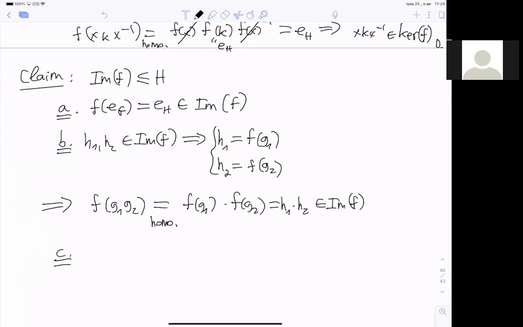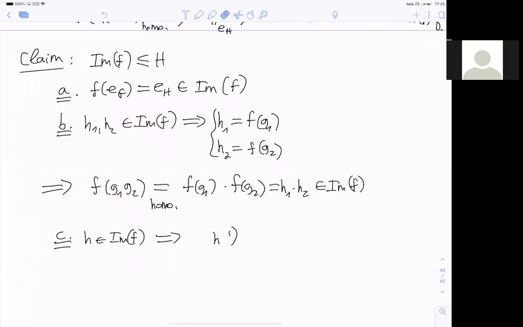And the last thing is to show that if h belongs to the image of f, then also h inverse does. No, sorry. If h belongs to the image of f, it means that h equals f of some g. So what is f of g inverse?